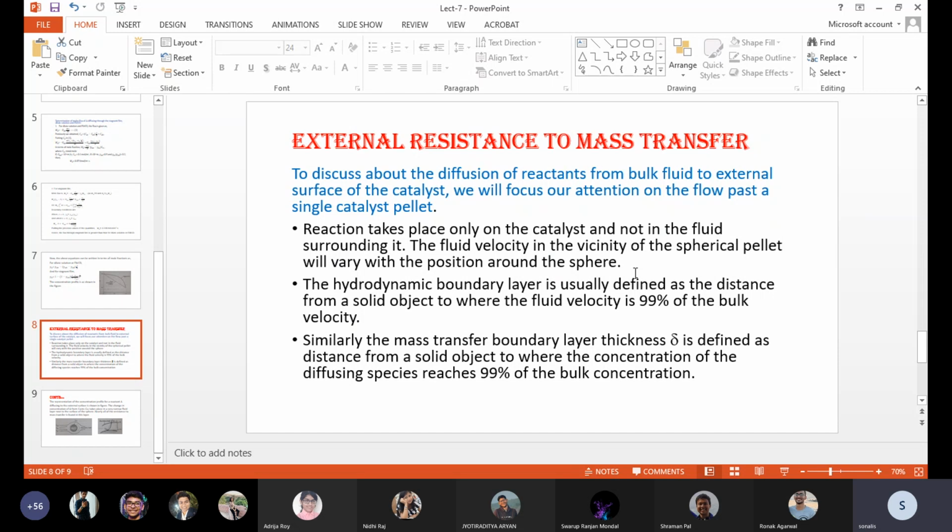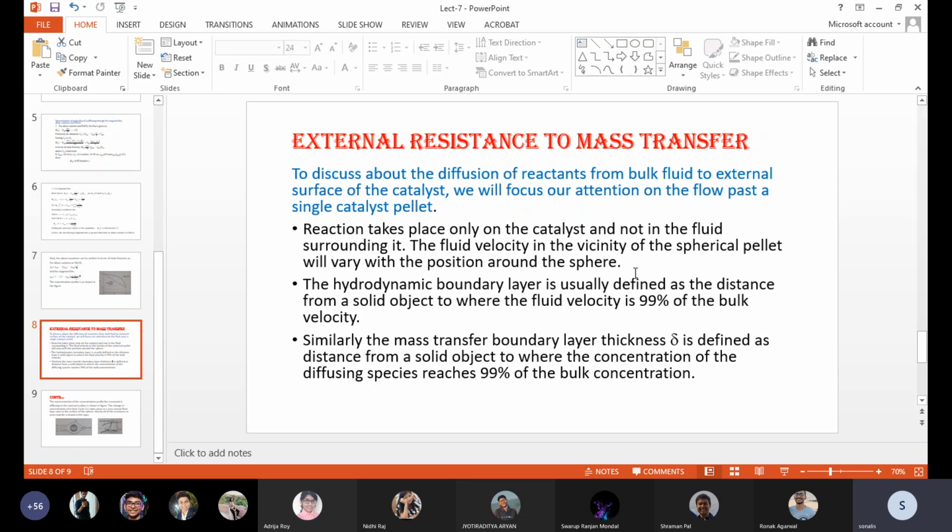As we consider, the velocity increases as you go from the stagnant plate or body up to the point where the velocity reaches the same velocity as the bulk velocity. That means almost 99% of the velocity.